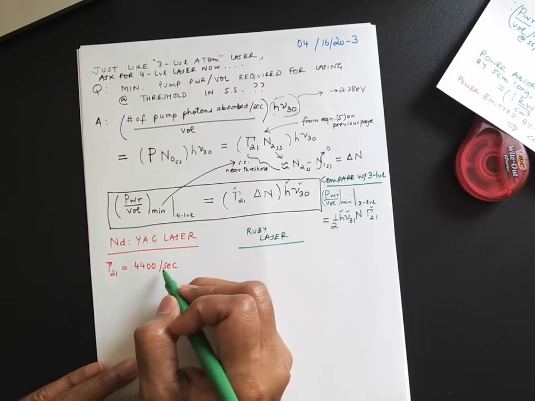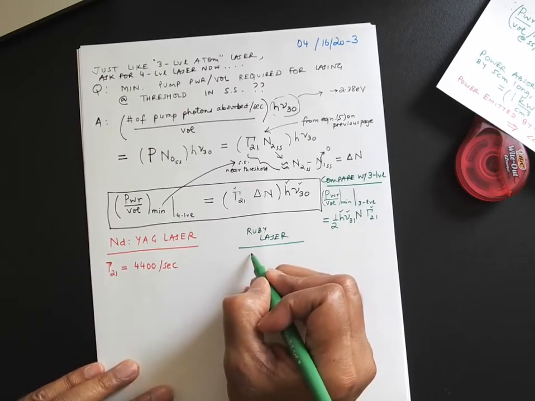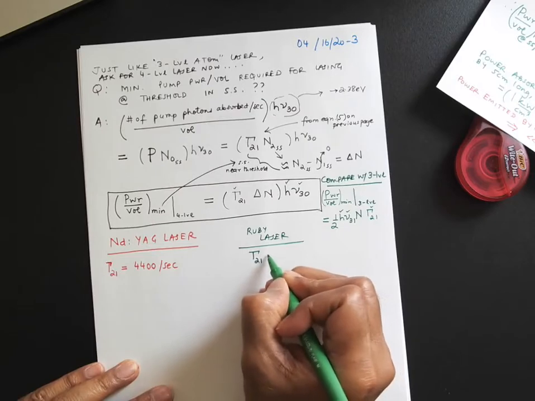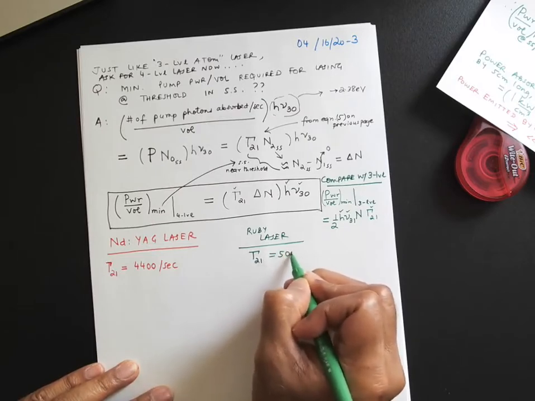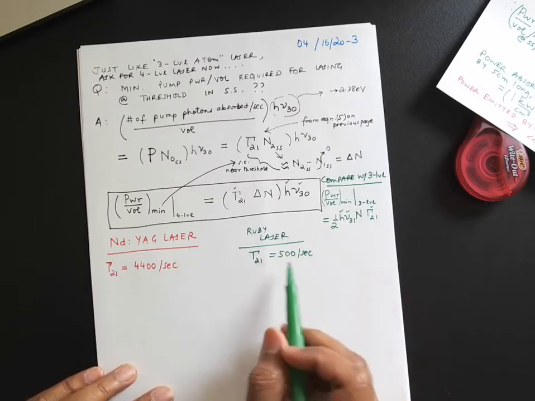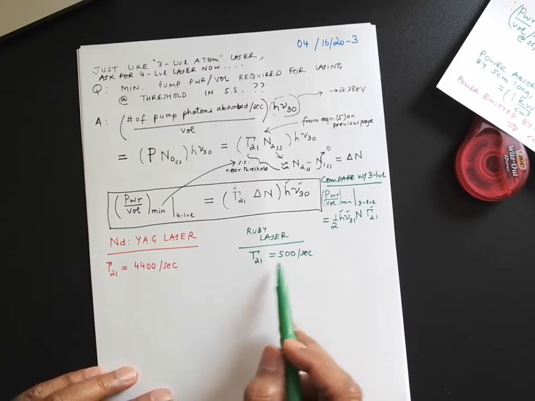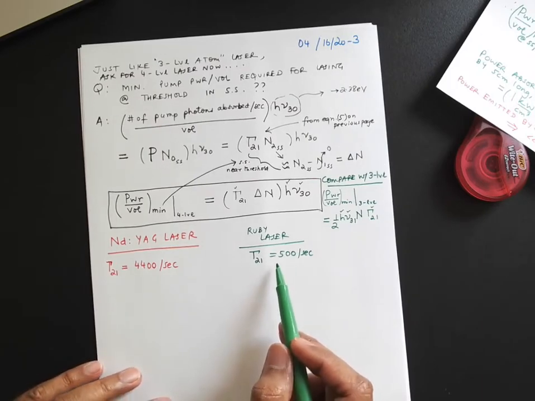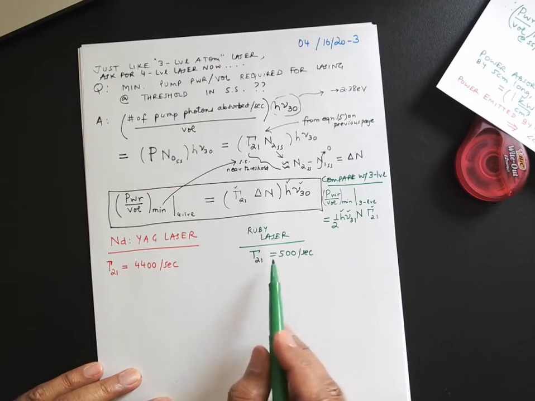It's larger for Nd:YAG compared to Ruby, because Ruby, if you recall, was 500 per second. So Ruby really needed the other parameters to come to its rescue to achieve lasing.